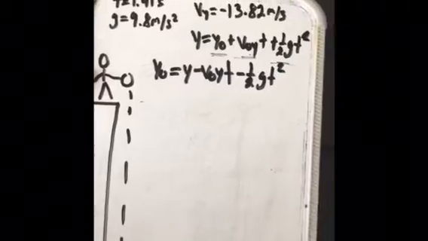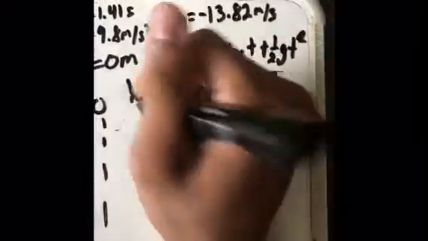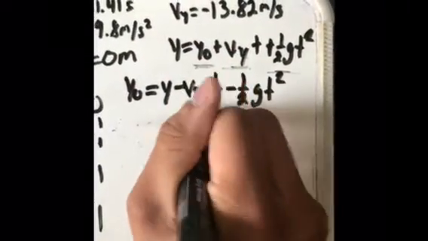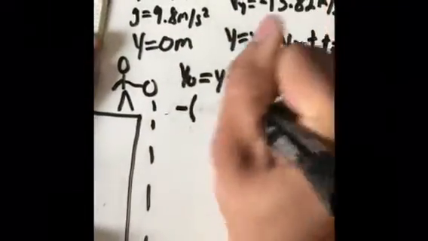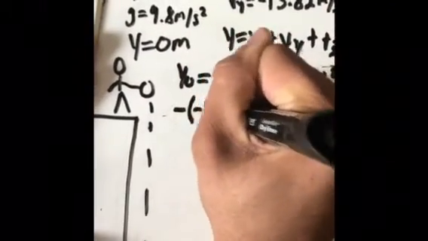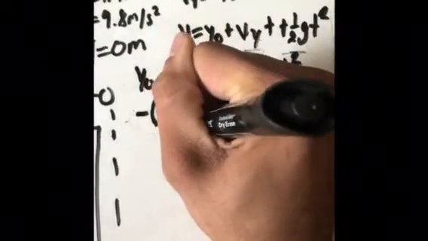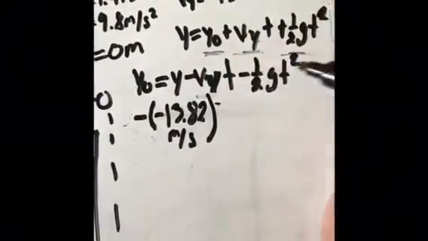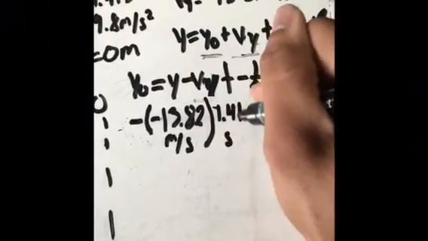Now that we have our equation, we're going to plug in our variables. The 0, we're not going to write that because we know 0 is 0. We're just going to write out the vy t minus the 1/2 gt squared. So it's minus, but then the answer itself was negative 13.82 meters per second times t, which was 1.41 seconds.